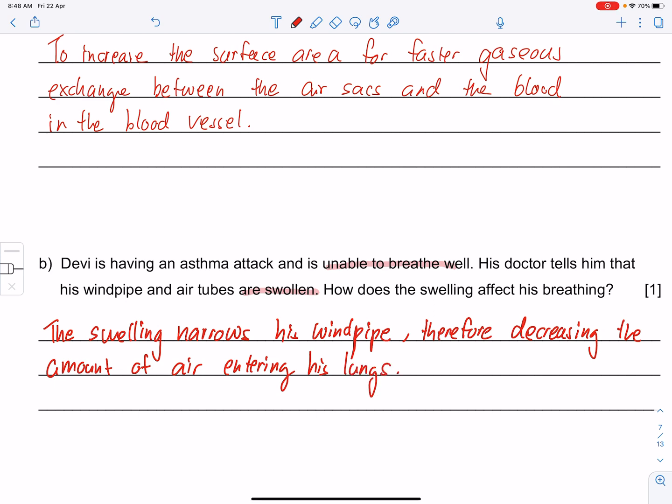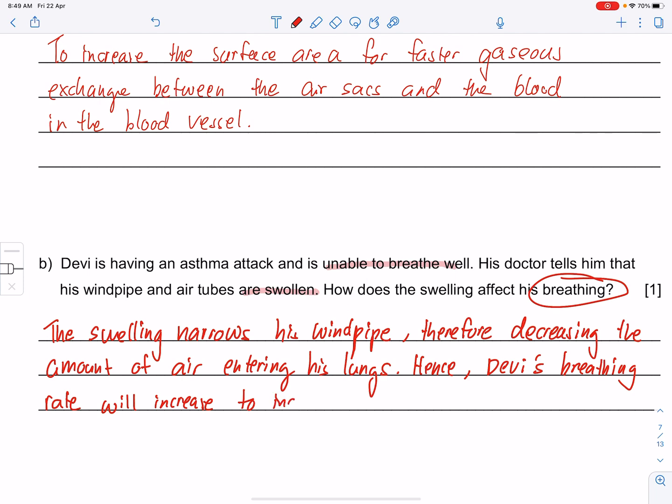Correct? So now, then after that, we talk about breathing here. That was the main question. So you need to talk about rate of breathing, right? Hence, Debbie's breathing rate will increase. He breathes faster, in and out faster, to increase the amount of oxygen intake.